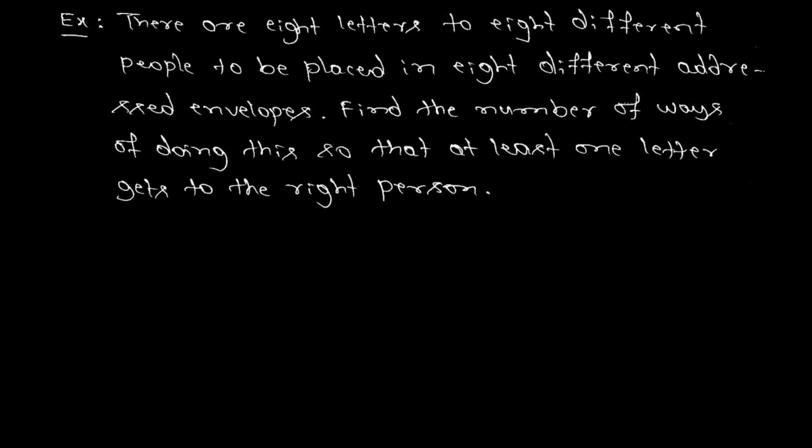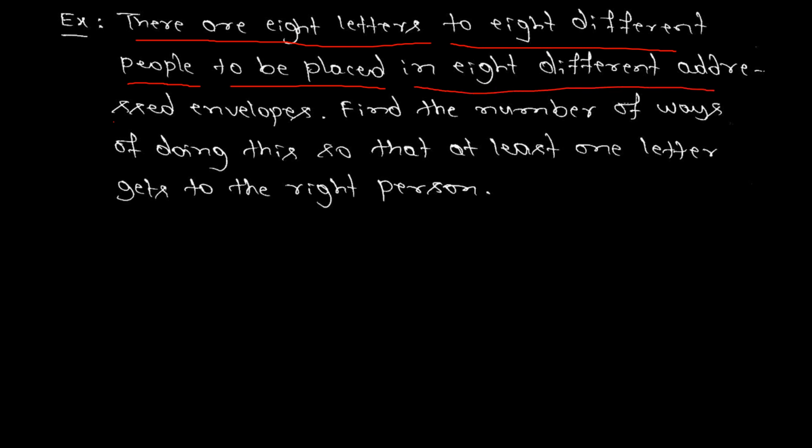Let us consider the next problem. There are 8 letters to 8 different people to be placed in 8 different addressed envelopes. So what we have? We have 8 letters and 8 different envelopes.